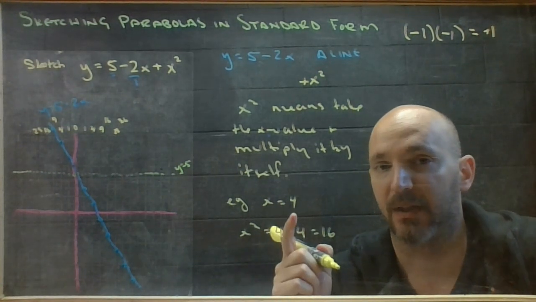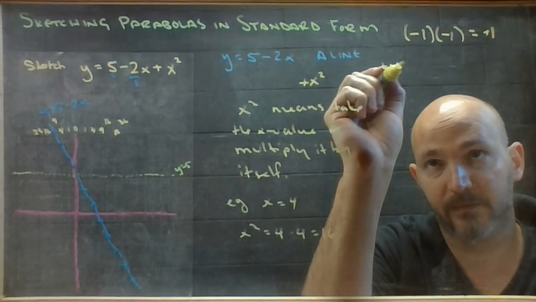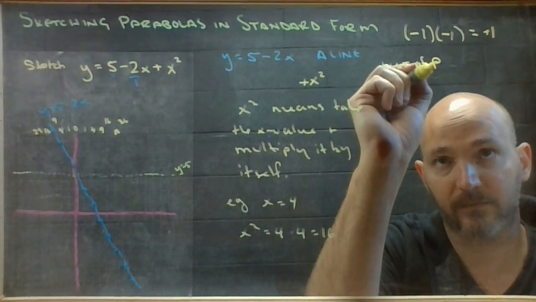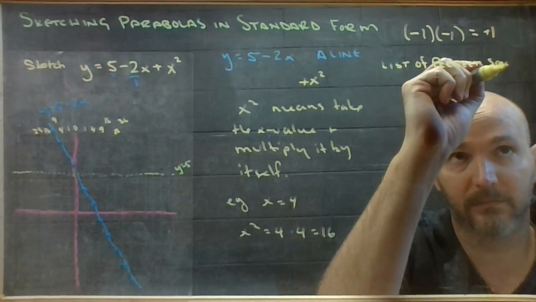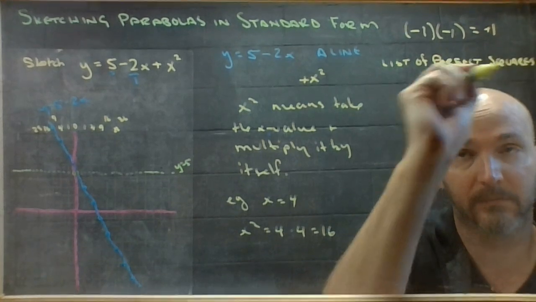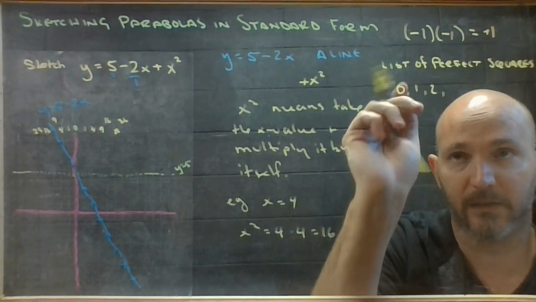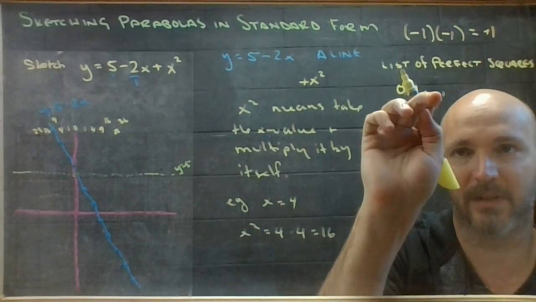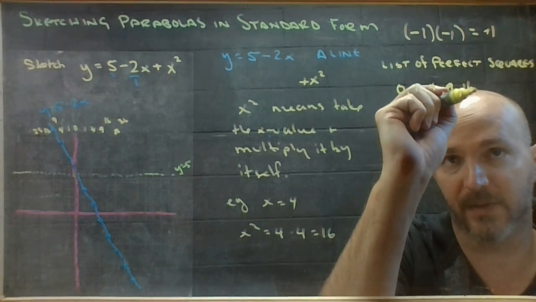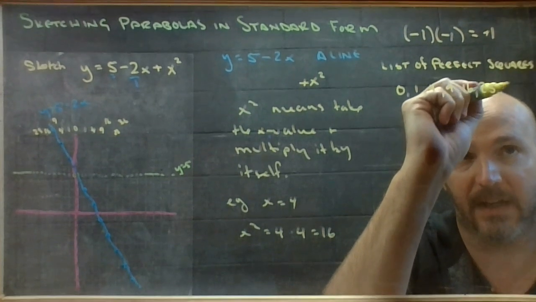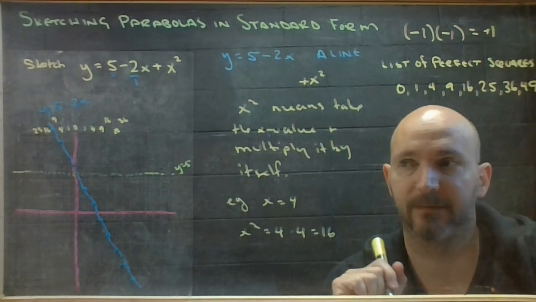So you might want to put that down on a study sheet, your list of perfect squares. 0, 1, 4, 9, 16, 25, 36, 49, etc.